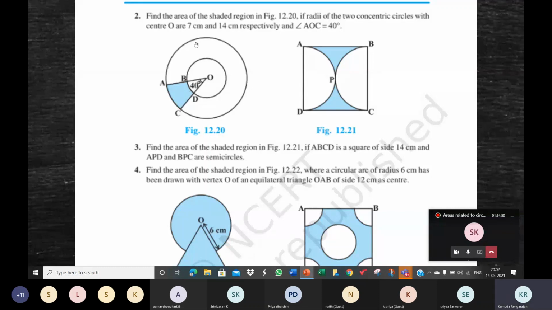You can also find it using the formula which we understood during the introduction of this chapter. Theta by 360 into pi, capital R square minus small r square. So theta by 360 into pi, 14 square minus 7 square.